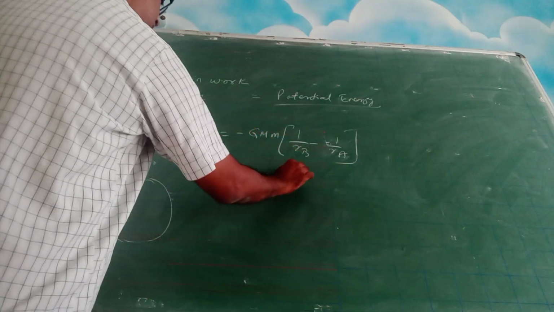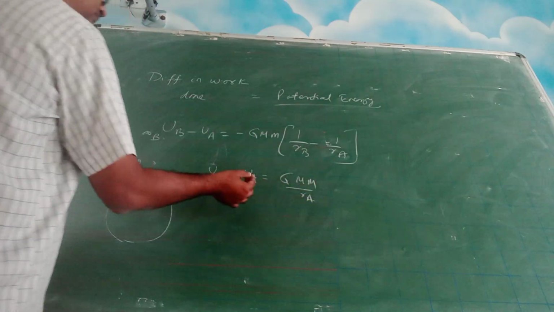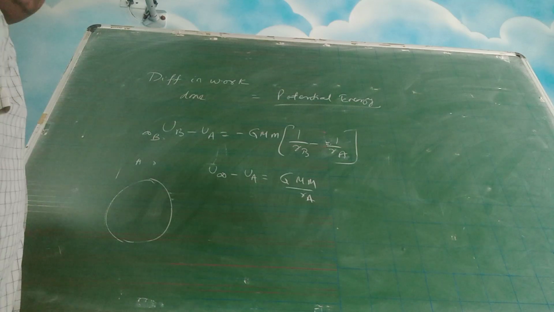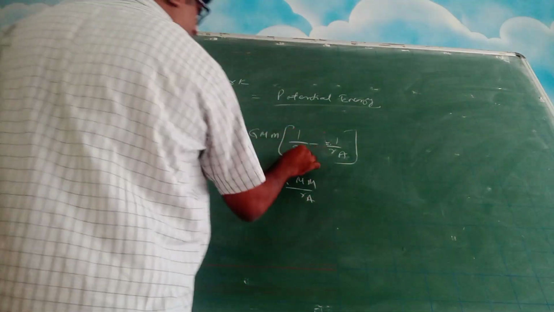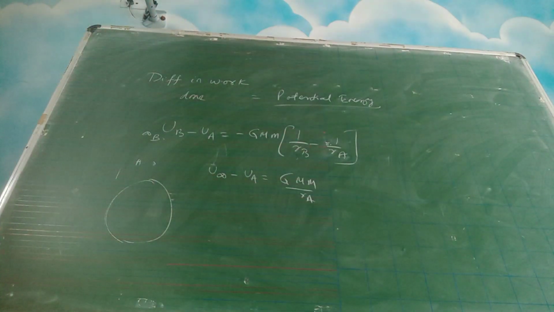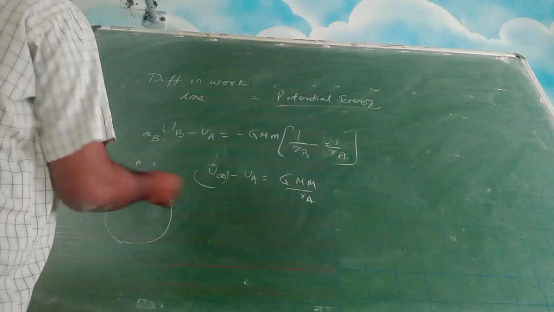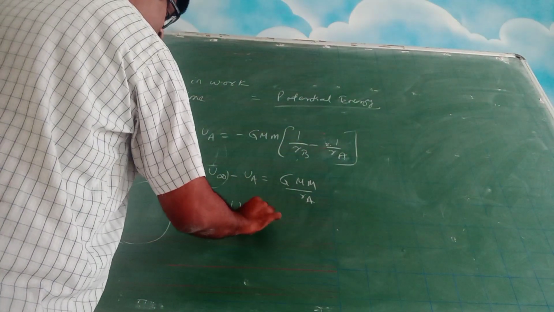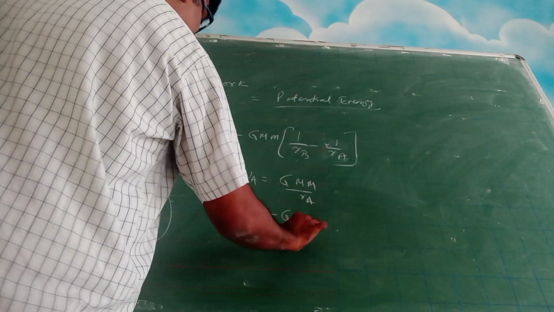Because 1 upon infinity means 1 upon a very large number, so this term is becoming 0. So essentially this is 0, so Ua is minus GMm by ra.